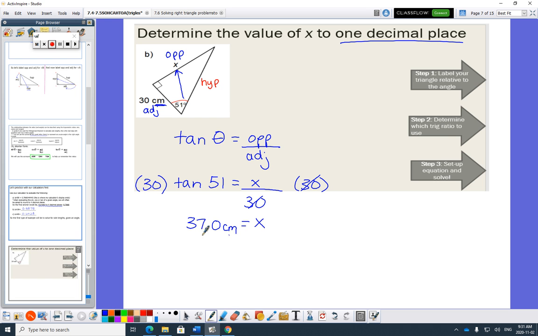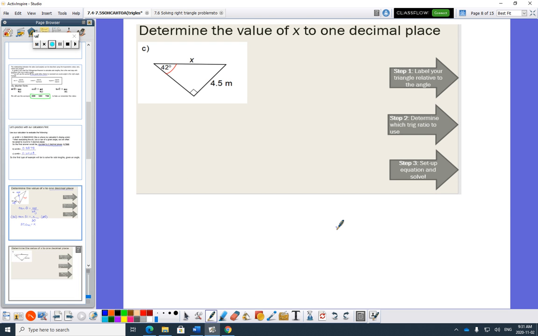Okay, so we're going to do one now where this time, what is x? What side is this? Yes. Good. So the hypotenuse is in the bottom of the fraction, and that requires a little bit more brain power, okay?